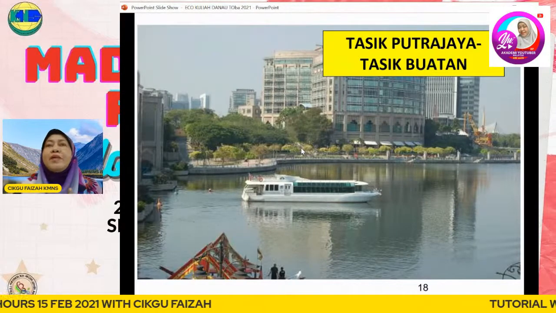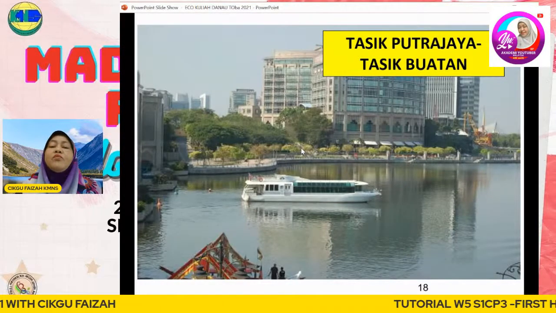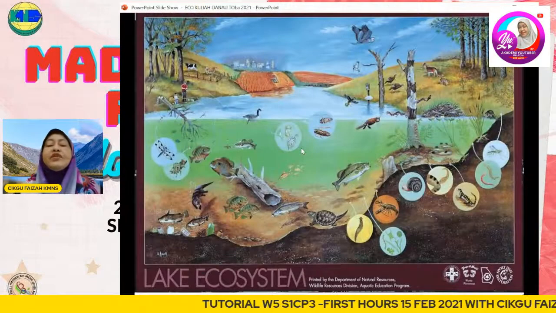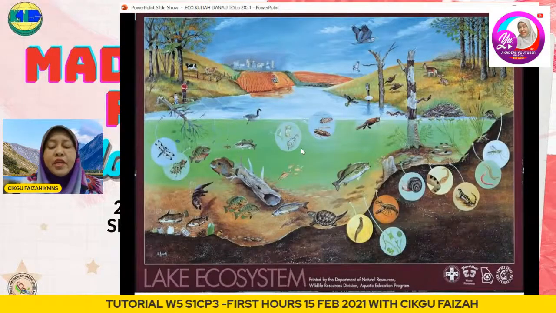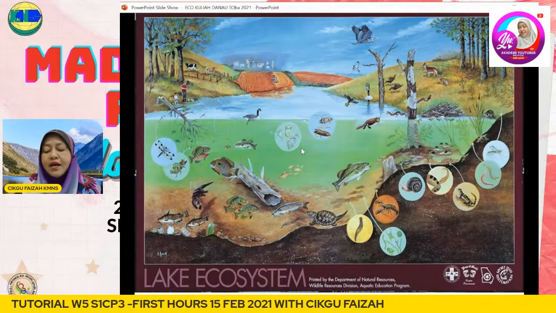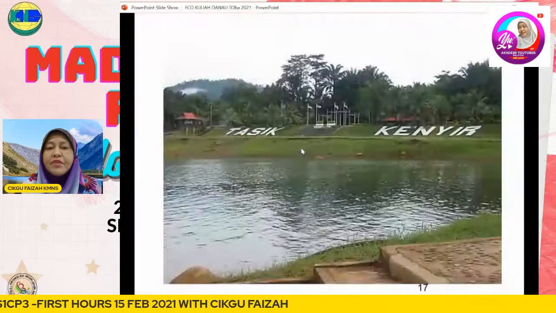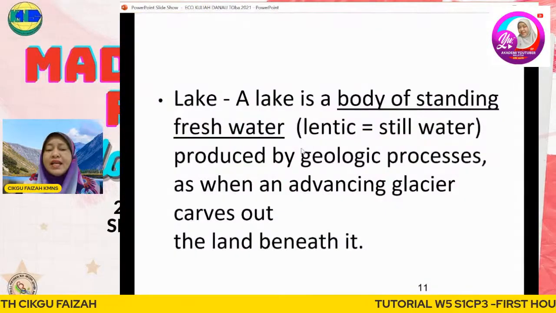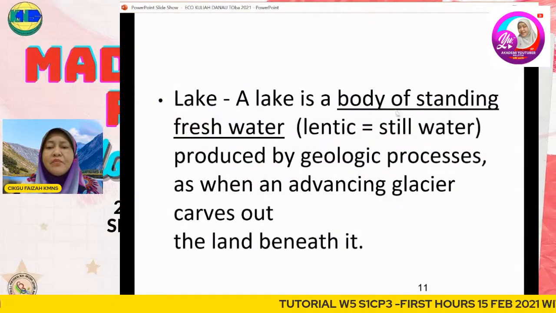Okay, when there is no movement control order, you all can go and take a cruise. So what are we going to discuss in this class this morning? Actually, back to our class just now, teacher can show the lake again. Okay, what is a lake, class? A lake is a body of standing fresh water.